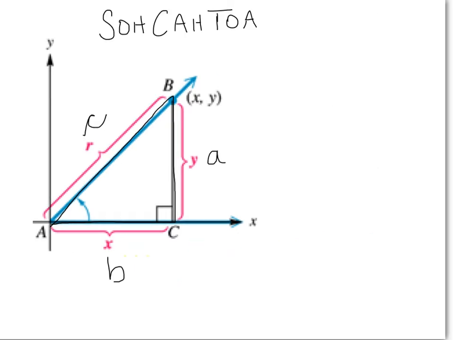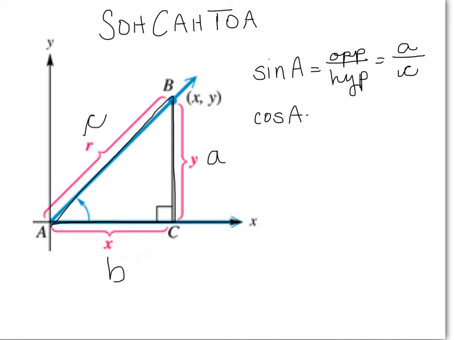So if I use this particular triangle, I could take the sine of angle A. It's the side opposite of A divided by the hypotenuse. Well, opposite of A is lowercase a. The hypotenuse is lowercase c. The cosine of angle A is the side adjacent to A divided by the hypotenuse.